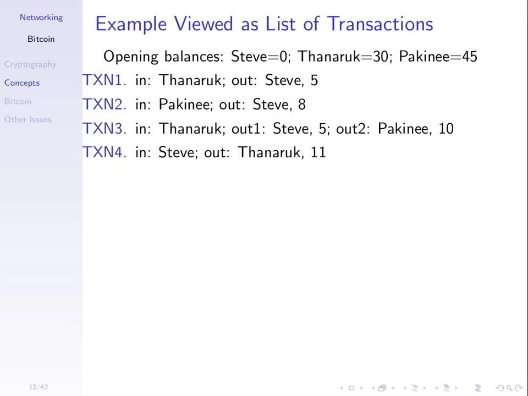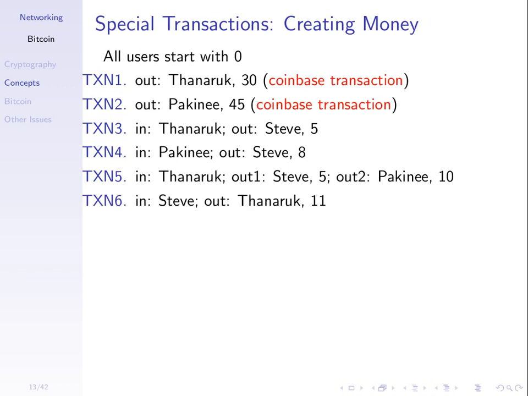I've just introduced these two transactions. In Bitcoin, we'll see later, these are referred to as coin-based transactions. These create new coins, create new money. And it happens via mining. So we'll come back to see how they work.